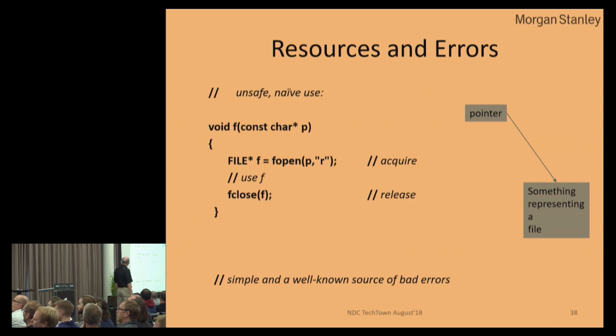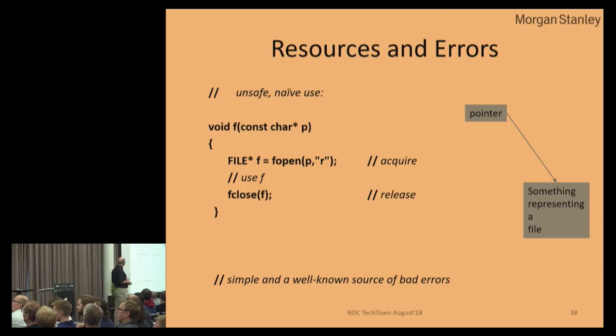Here's the classical example. Give me a file handle, use it, use it. It's very simple, and that's a well-known source of bugs. The problem being that you have to remember to close, and if you have a return statement or a long jump in C or an exception in C++ and that use F, you never get to the F close, and you have a bug.